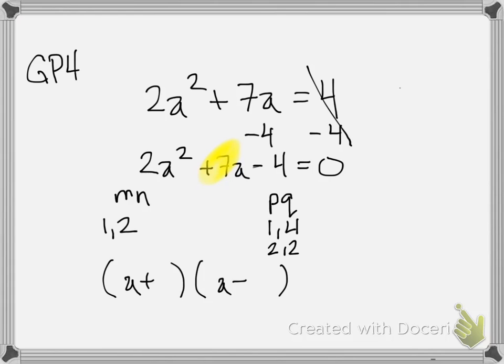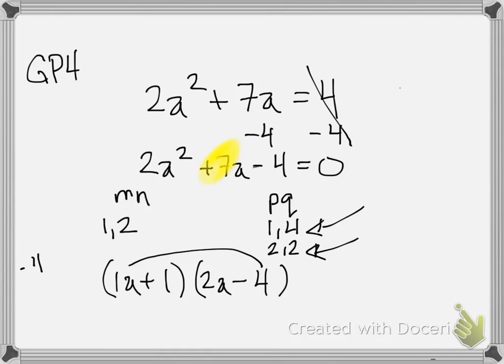I know that 7 is much larger than 2's. 4's are closer to 7, and I might want to try using that first for our first trial. So let's try a 1, 4 for PQ, and then let's try a 1, 2 for my A's. So we OI that.